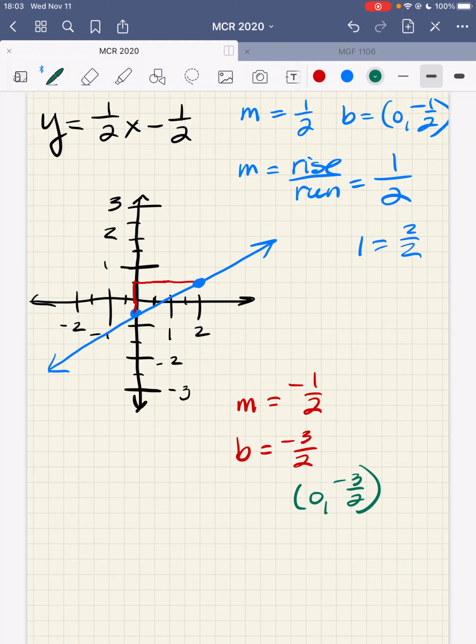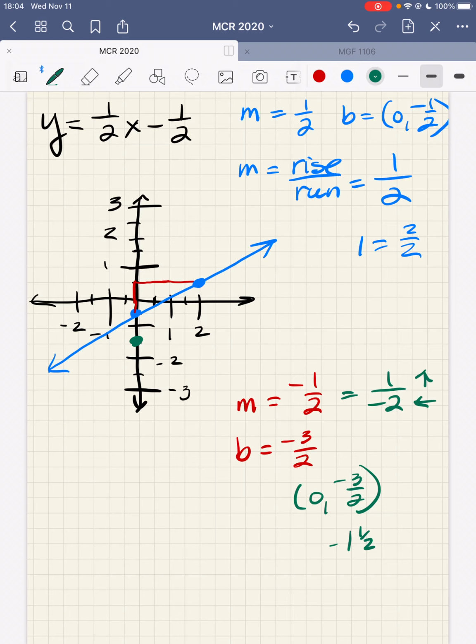Okay, so 3/2 is equivalent to negative 1 1/2, so negative 1 1/2 is where I'm starting from. And remember, my slope is negative 1/2. So I can also consider my slope to be equal to 1 over negative 2. So I would rise up 1 and then go to the left 2.